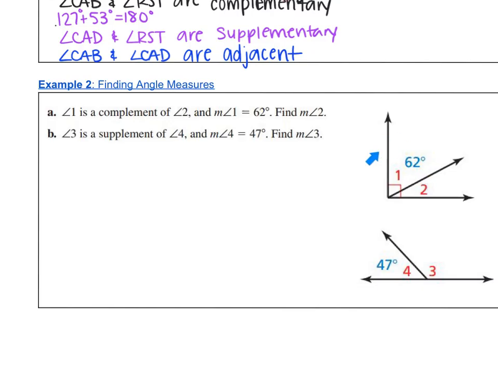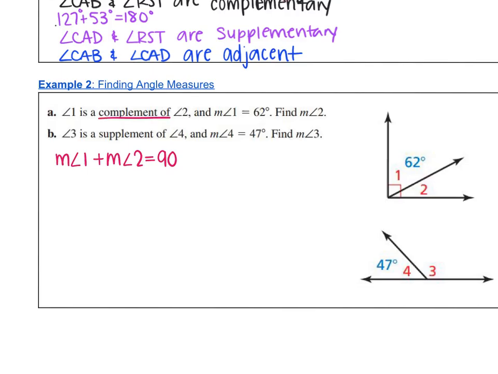If they're complements, it means they add up to 90, and that's why we're able to put that little mark there that represents 90. So I know that these two angles add up to 90. The angle addition postulate says that if I add the measure of angle 1 plus the measure of angle 2, it should be the total, which they just told us would be 90 because of the word complement.